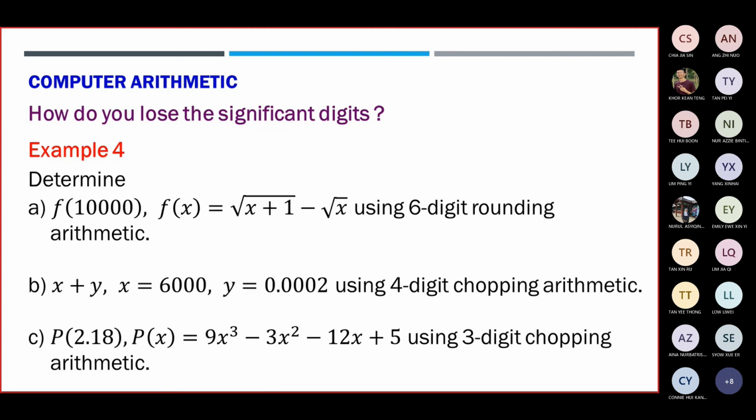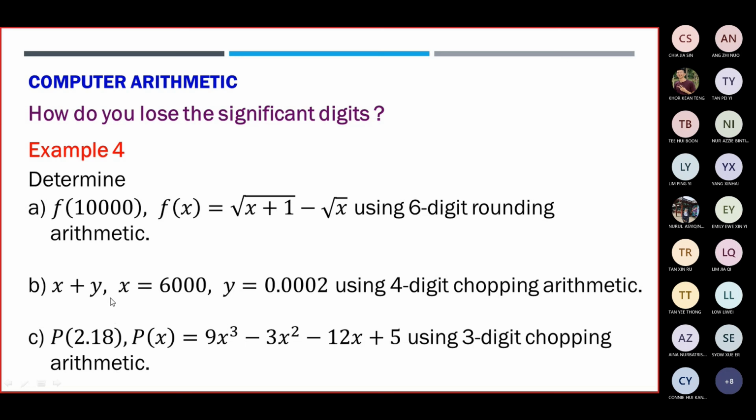Okay, now look at example 4. We discuss quickly on this. All right, so given that the x value is 10,000, and given the function f(x) equals square root of x plus 1 minus square root of x, they want you to use 6-digit rounding arithmetic.